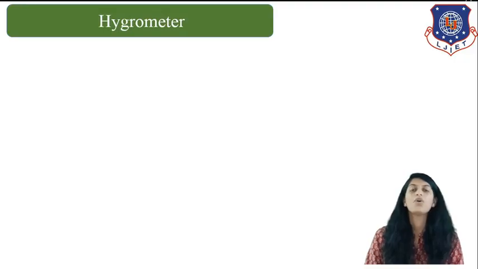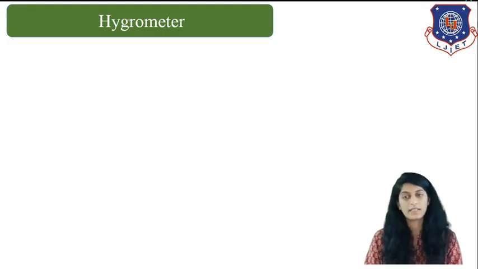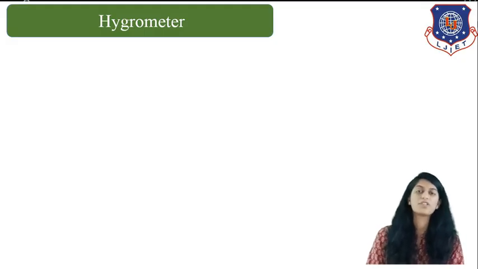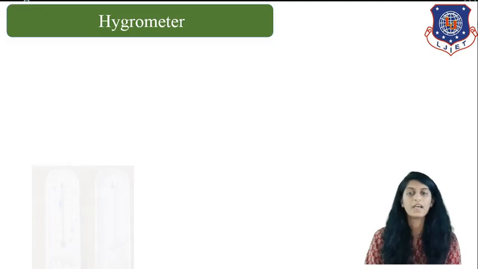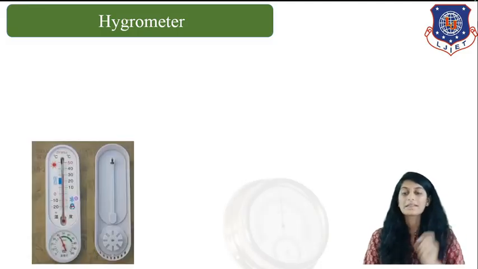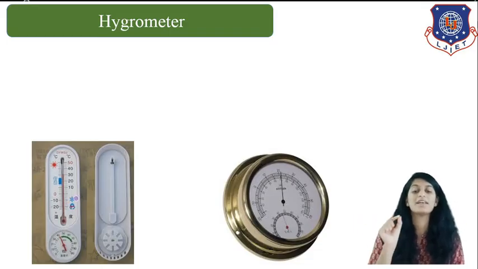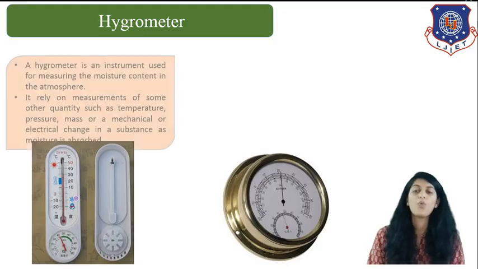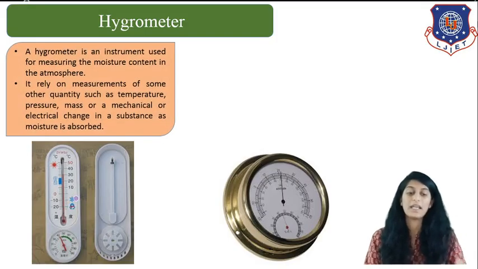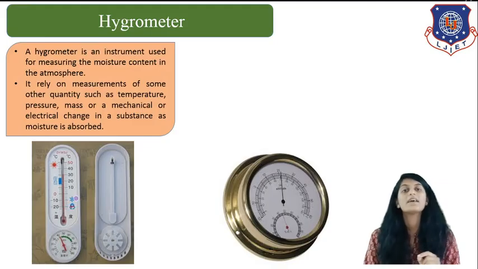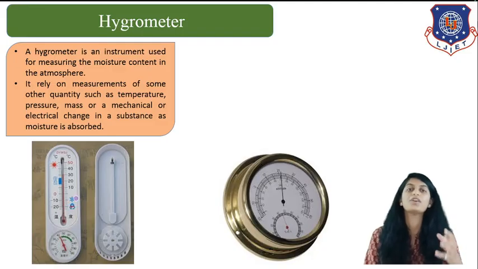Now going to the equipment which are used to determine humidity. The first equipment used to determine humidity is the hygrometer. A hygrometer is an instrument used to measure the moisture content in atmospheric air.